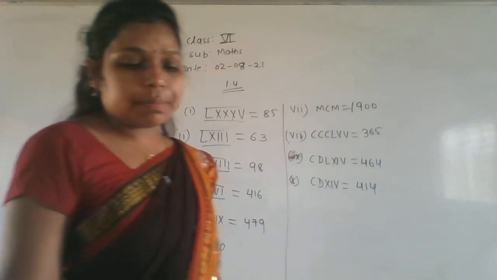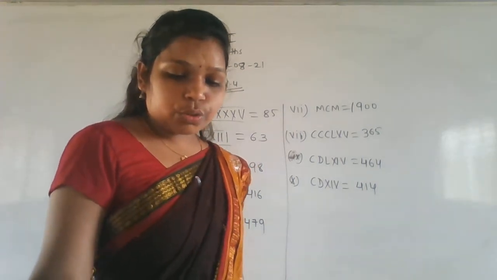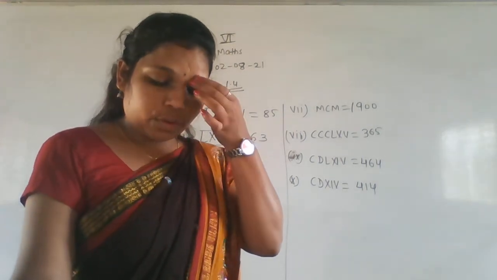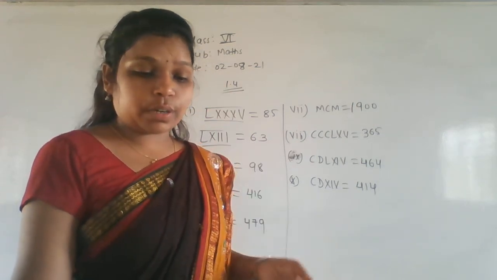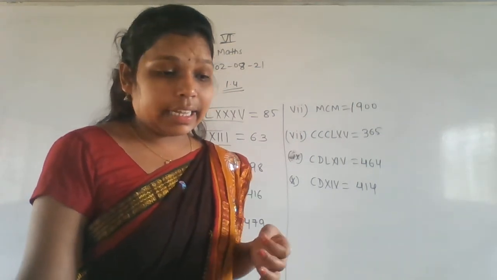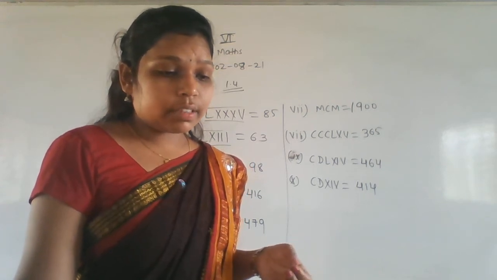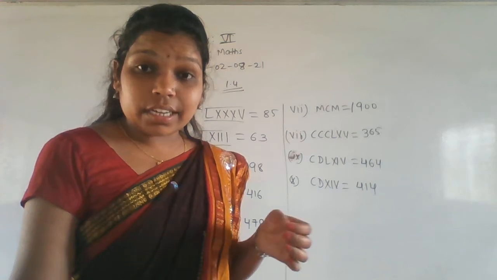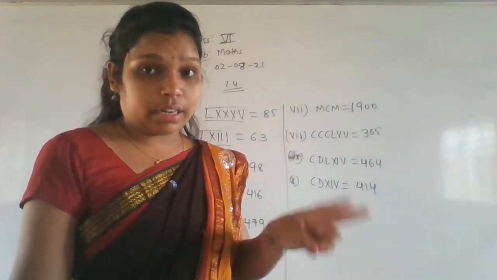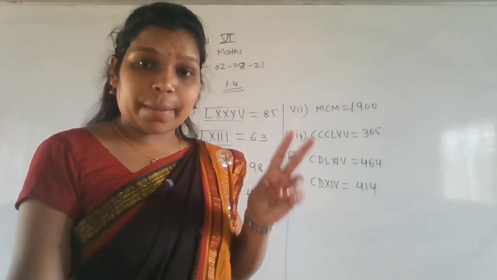Next one, third main. What is the third main they gave here? Show that each of the following is meaningless. Give a reason in each case. We can't write LL. What is the reason for that? L never appears 2 times. That is a rule.